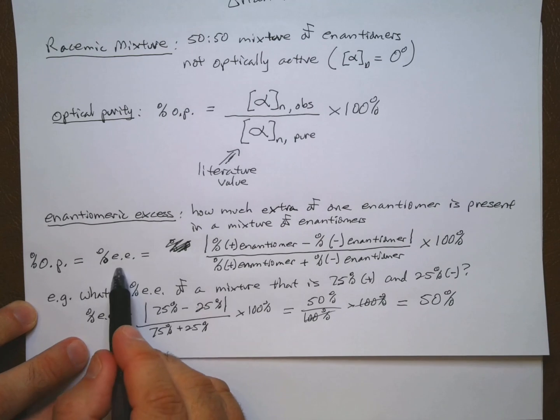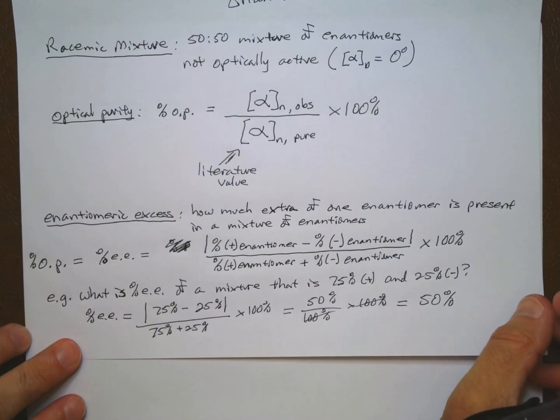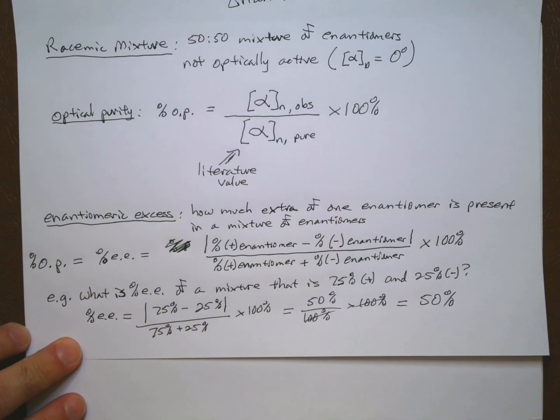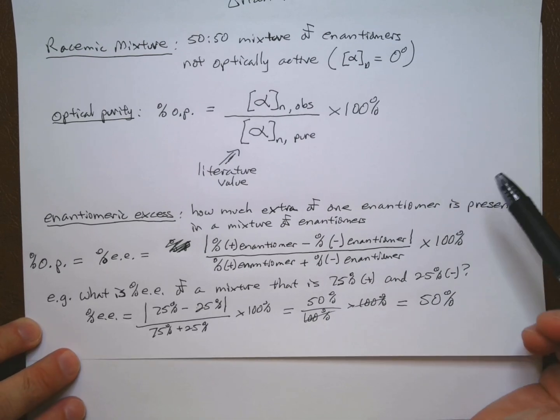So enantiomeric excess is not how much of a given enantiomer is there, but how much extra of a given enantiomer is there. Okay? And this is important when you're actually doing the lab.